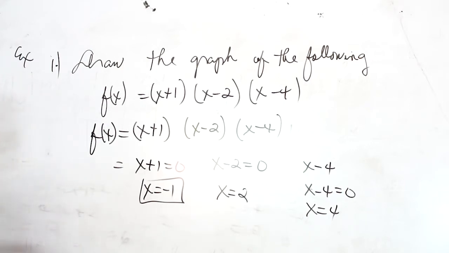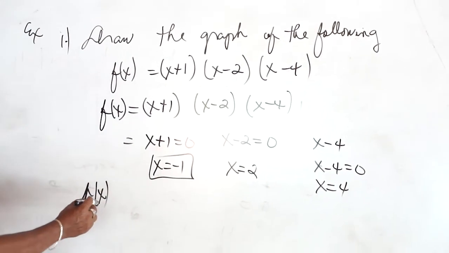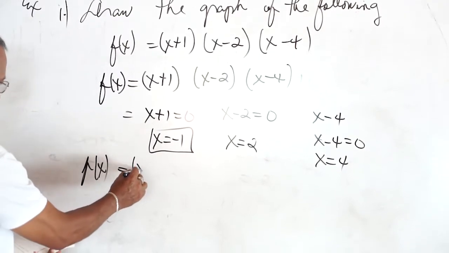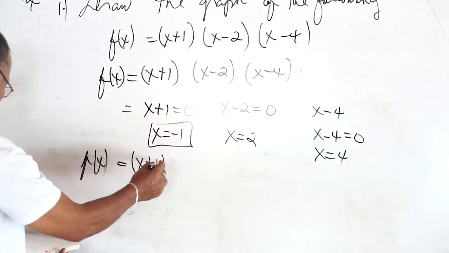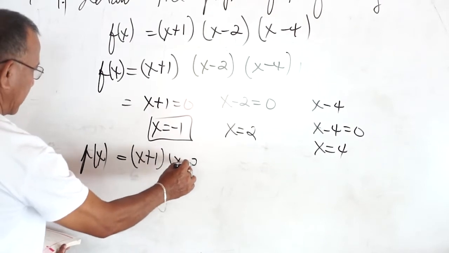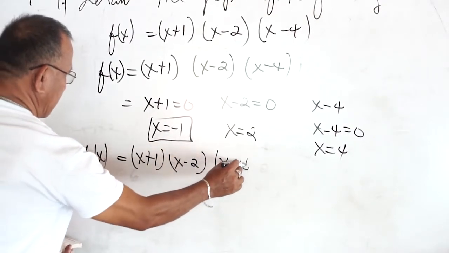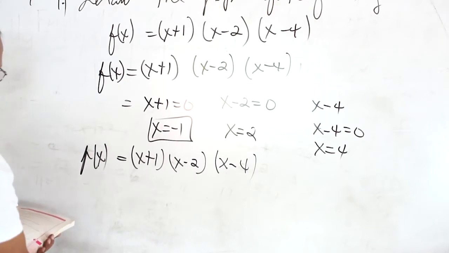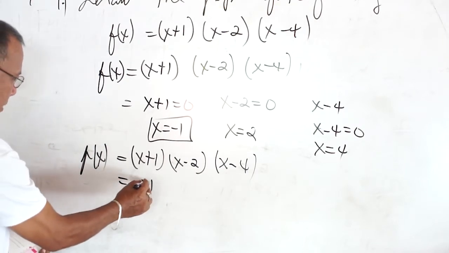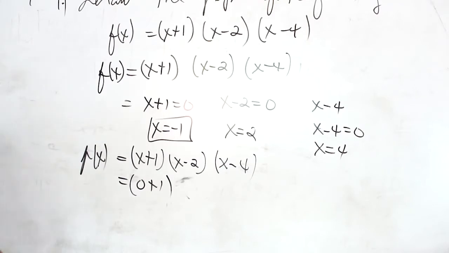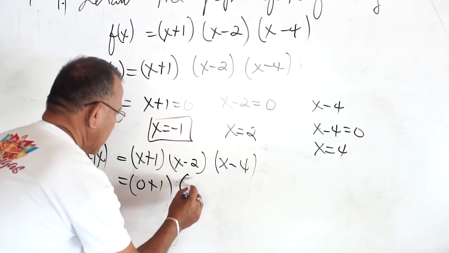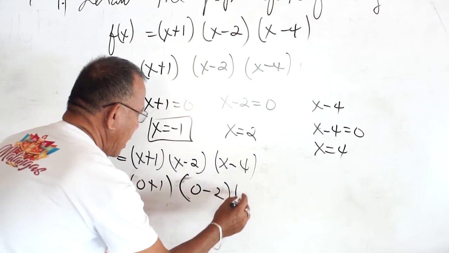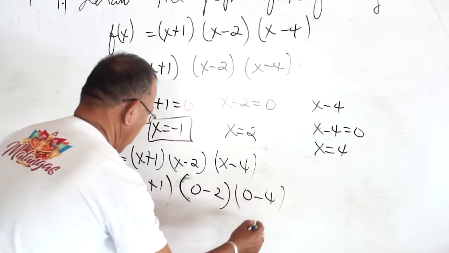Then, determine the y-intercept. So we have f of x is equal to x plus 1, then x minus 2, then x minus 4. Then we have 0 plus 1, next 0 minus 2, then 0 minus 4.